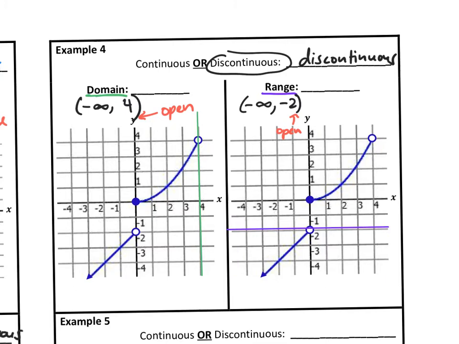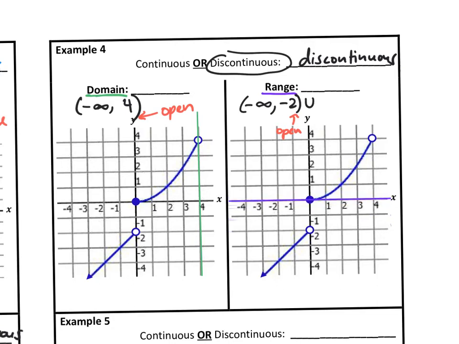All right. And then I'm going to put union. So I'm kind of telling the reader that I have two pieces that I'm going to describe. Okay. So that's the end of that piece, right? Where does the second piece start? At which y value, right? This is -2, -1, 0.